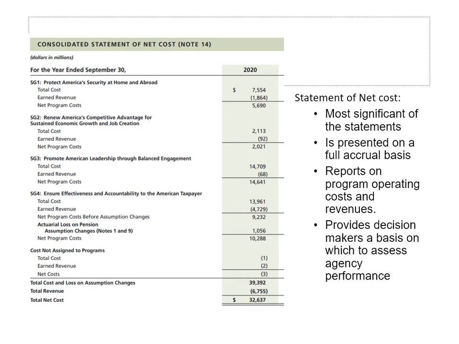Next is the statement of net cost. In this statement, it reports the department's gross cost and net cost by its strategic goals. It lists 4 strategic goals. For example, the first one is protect American security at home and abroad. For this particular goal, the total cost less any earned revenues, the net cost, is almost $5.6 billion.